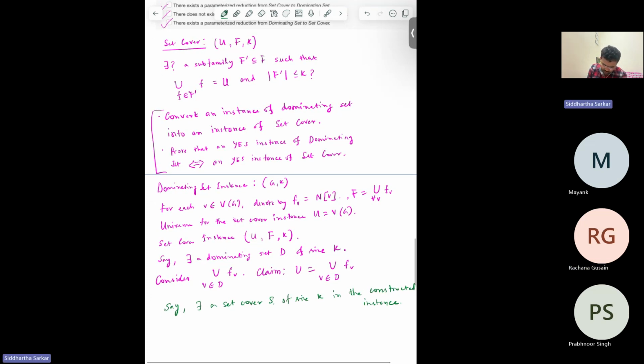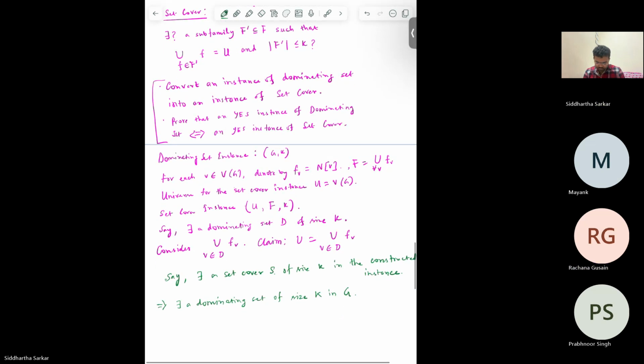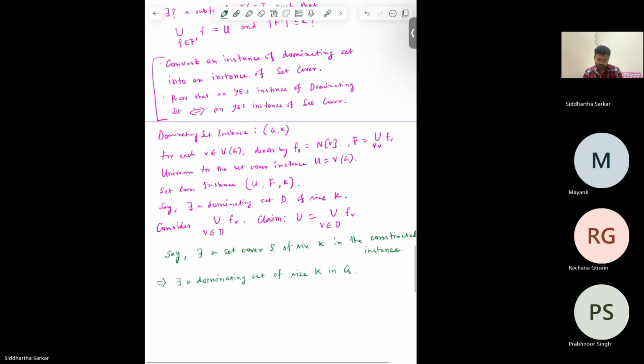Then we have to prove that this must imply that there exists a dominating set of size k in G. Right. So how shall we prove this?